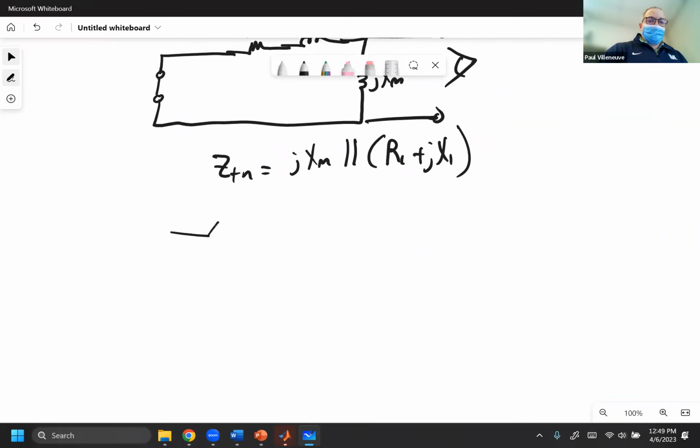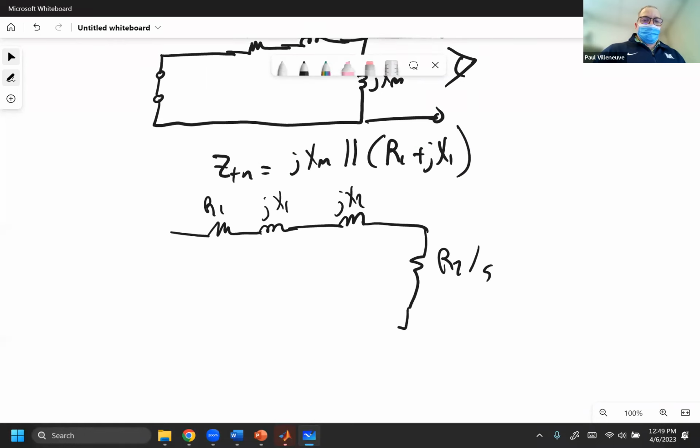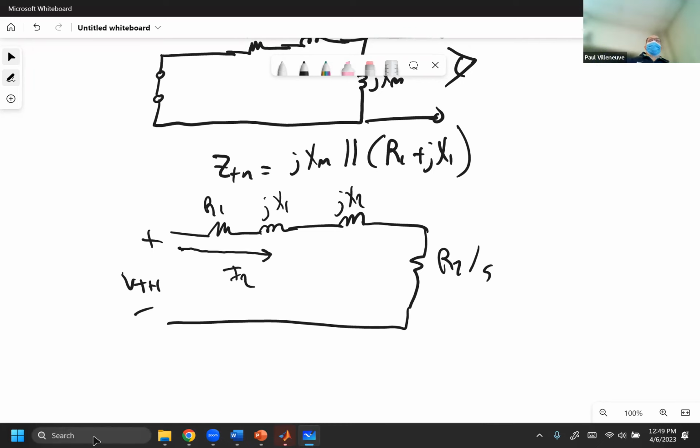Here is R1, here is jX1, here is jX2, and here is R2 over S, and the applied voltage I have over here is V Thevenin. Okay, that's the value that I have. Because this is just a series current, this current is the equivalent current flowing through the rotor circuit.